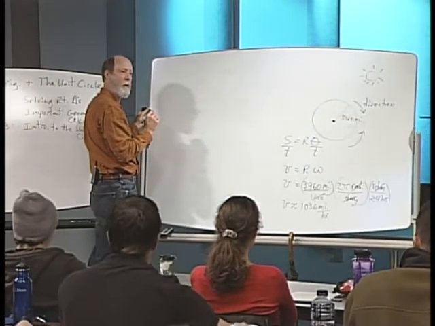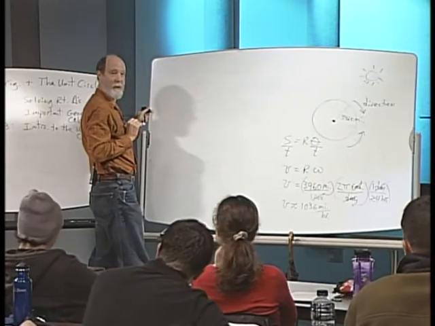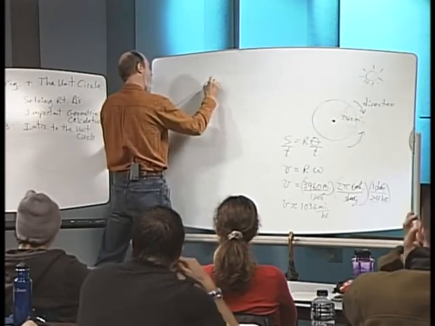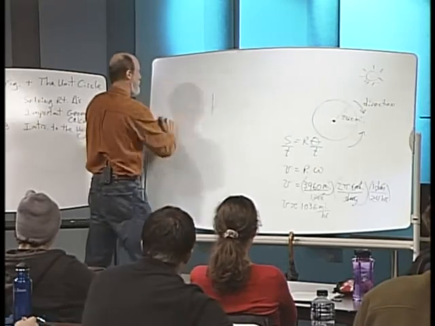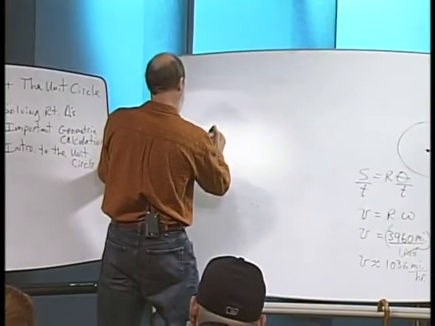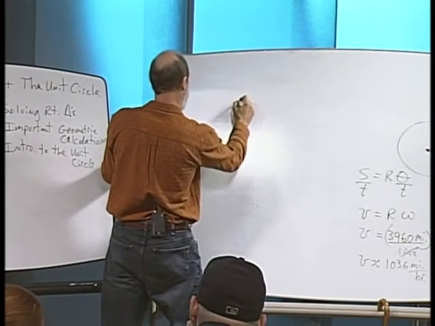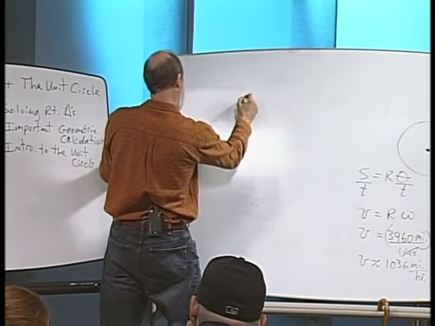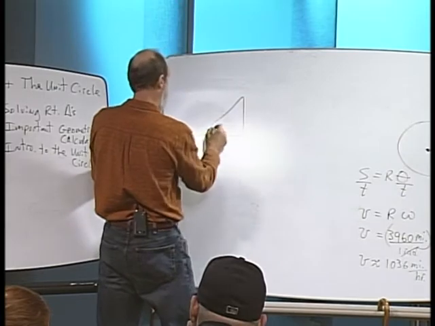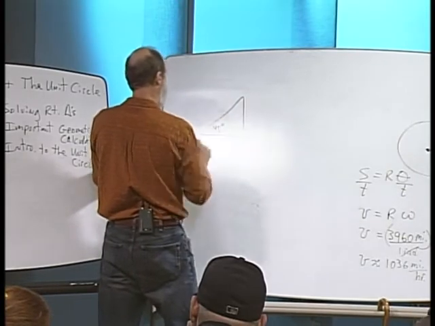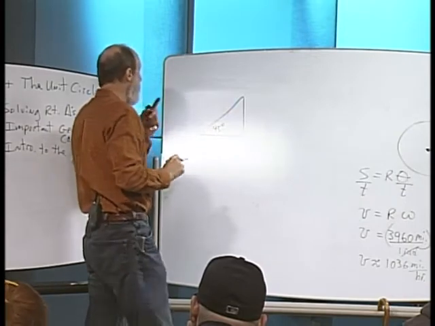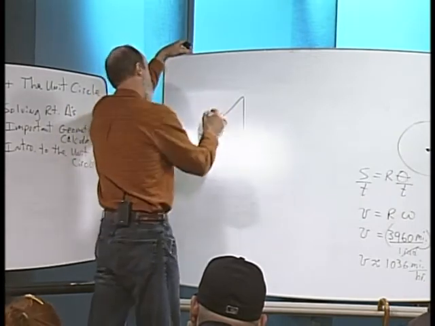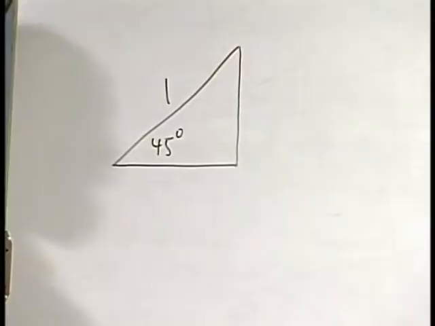If I took a 45-degree right triangle, let's make it a little more accurate here. 45 degrees. And let me force this hypotenuse to be 1.